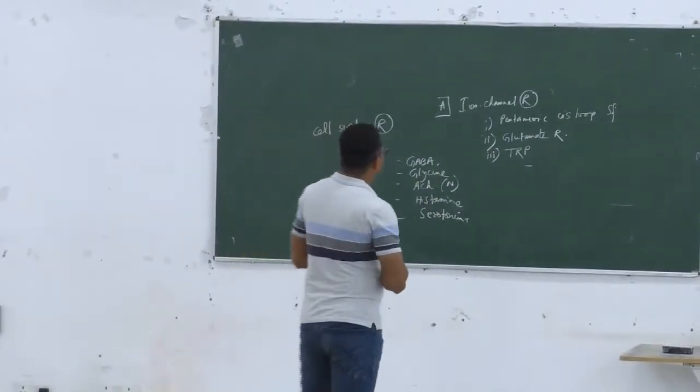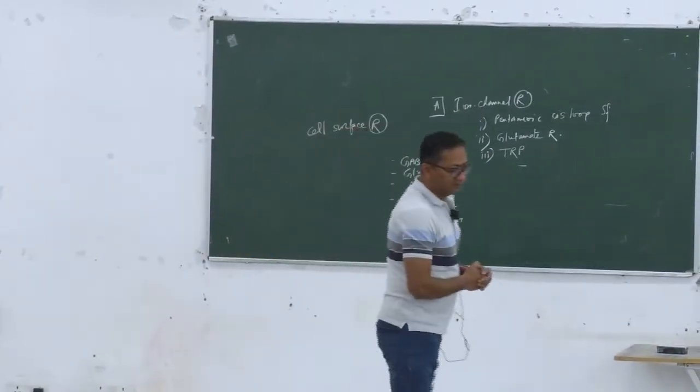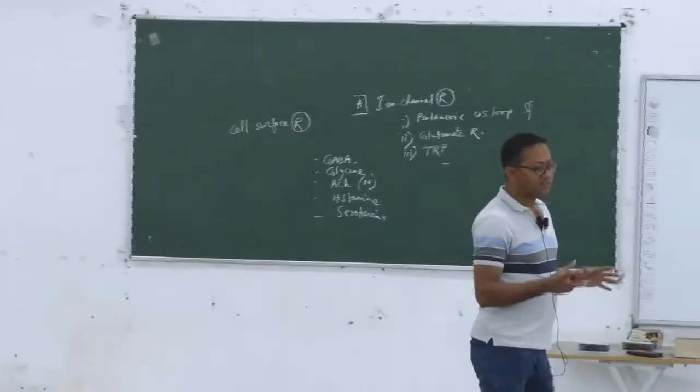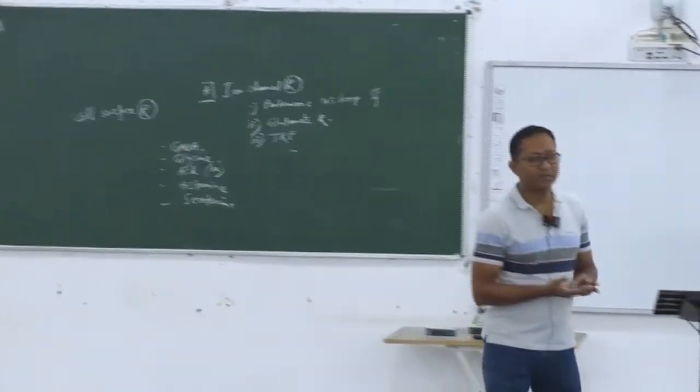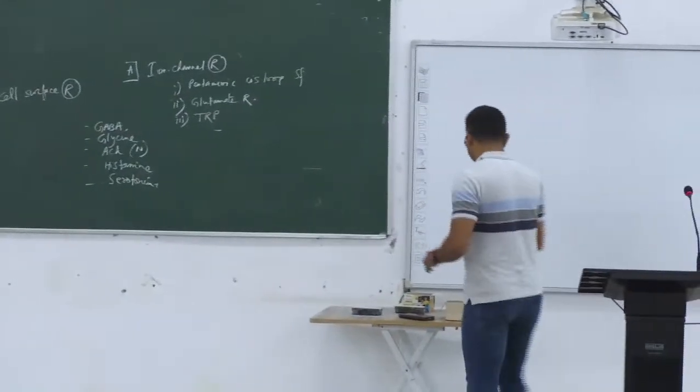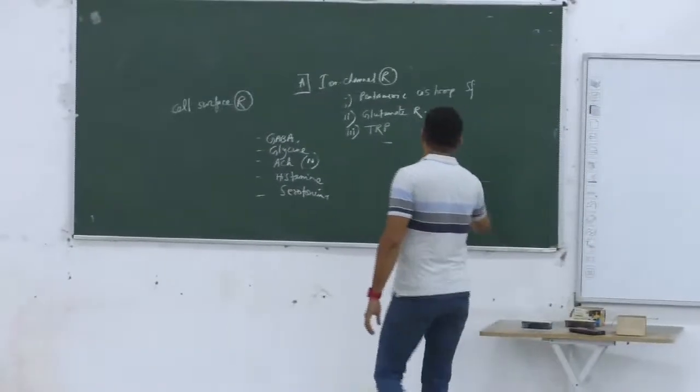Okay. So pentameric cis loop superfamily. Pentameric means it has 5 subunits. So it looks like this. So this is lipid.